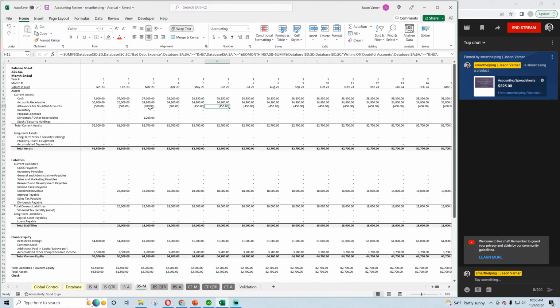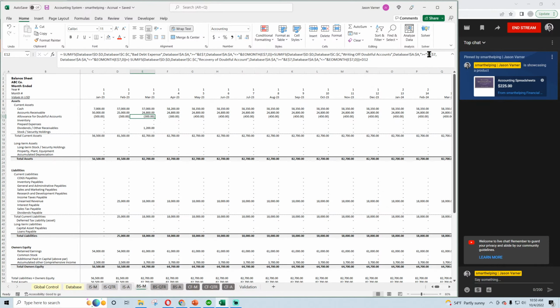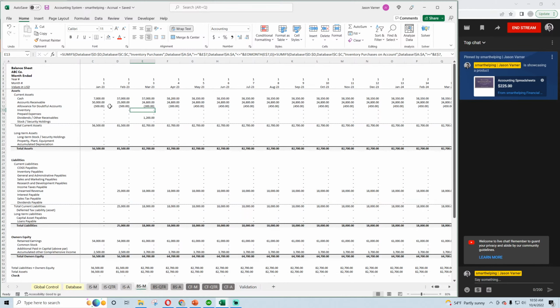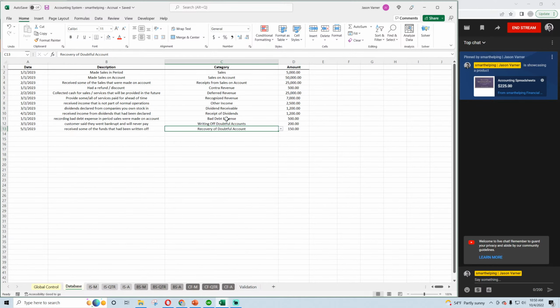Because if you look at allowance for doubtful accounts, we just add the bad debt expense, writing off doubtful accounts, and recovery. We don't actually have an item to just directly affect allowance for doubtful accounts. It's going to be affected by bad debt expense increases it, this decreases it, and then this increases it again.